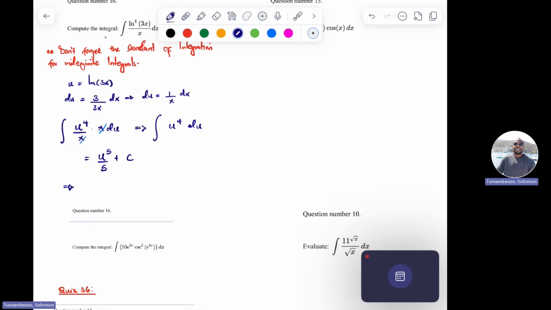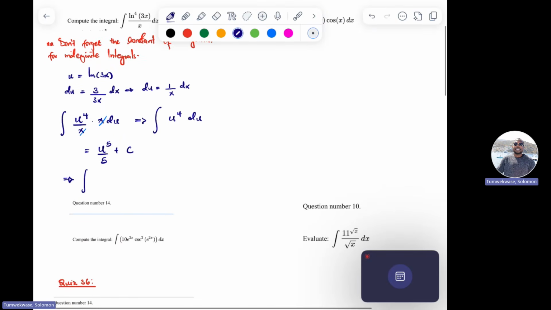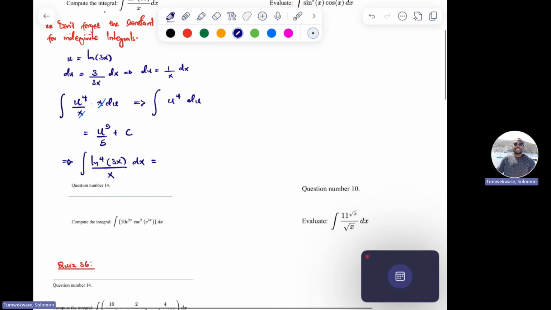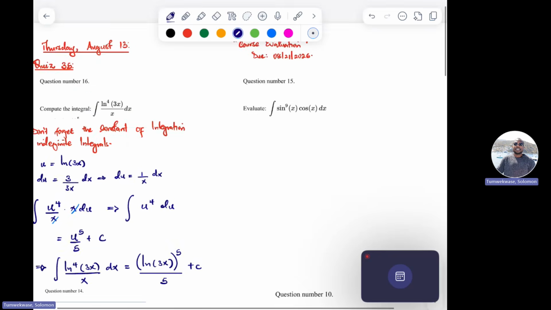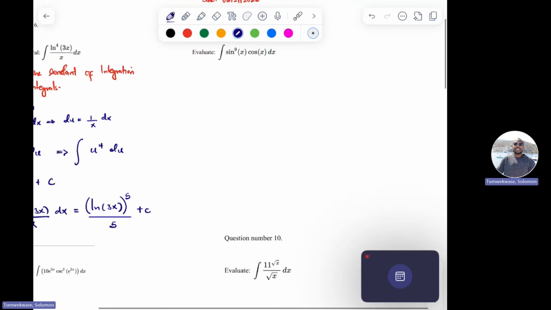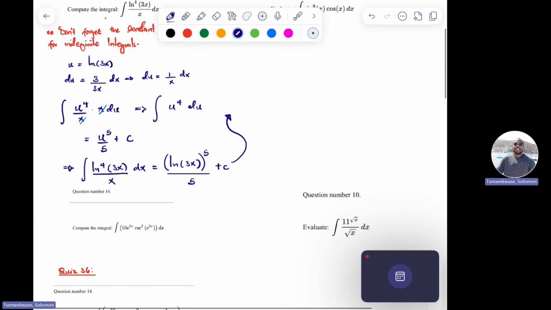So my integral is natural log of 3x, the whole of it to the power 5, over 5, plus the constant of integration.